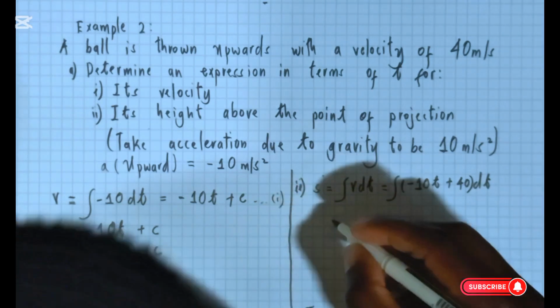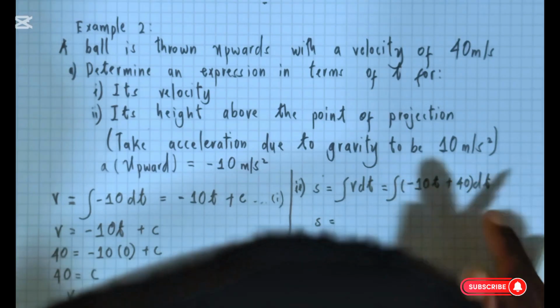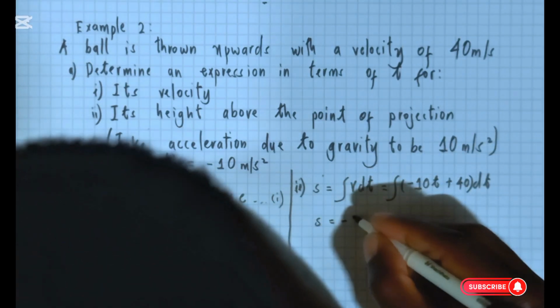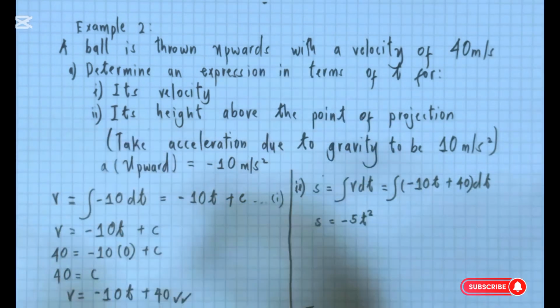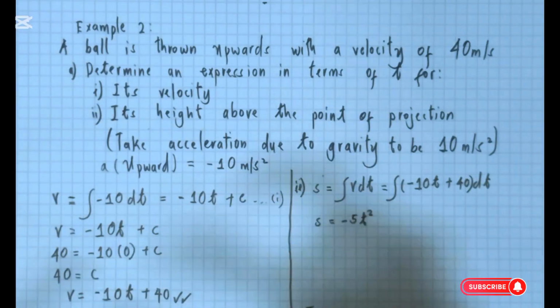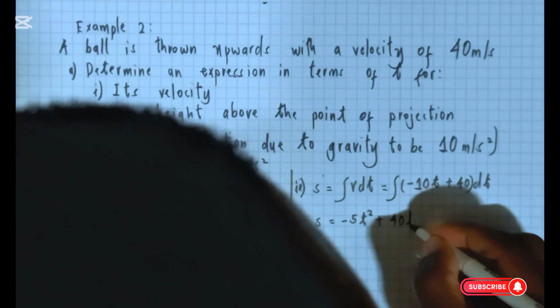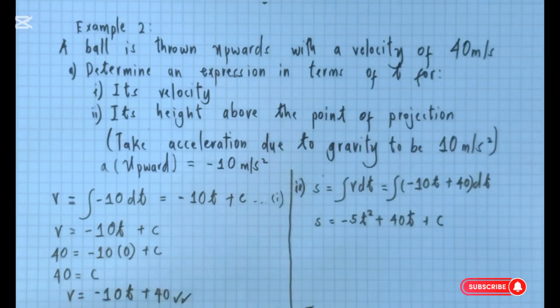So when we integrate negative 10t, we are going to get negative 5t squared. I hope that by now this should come naturally to you, how the integration of negative 10t has been found. And plus 40t plus c. Why? Because it's an indefinite integration. We don't have limits.